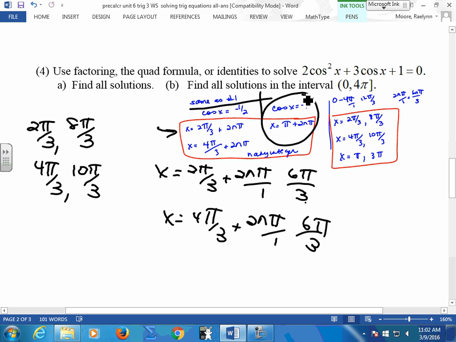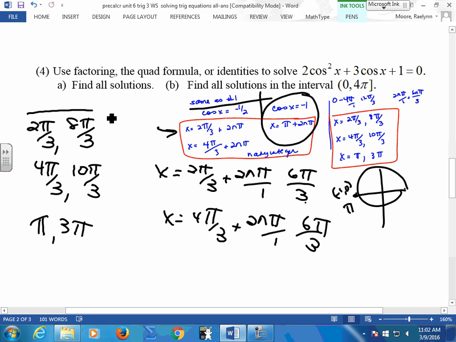So this part, and if you want to just count it, if this is sitting here, again, at pi, and I've got to go one more time around. This is 2 pi. I don't want 2 pi. This is 3 pi. So I get pi and 3 pi. I can get those kind of nice, going from 0 to 4 pi. Can everybody do this part?